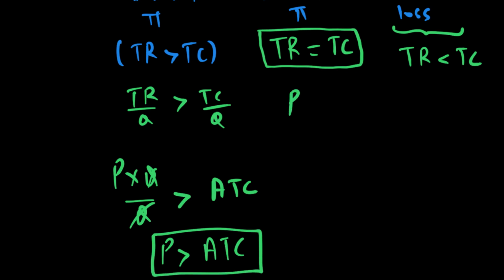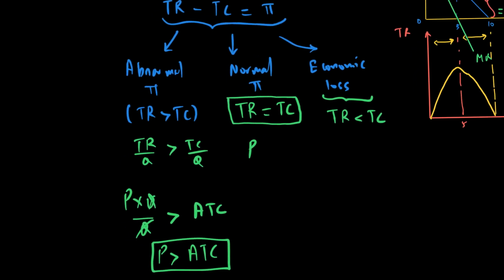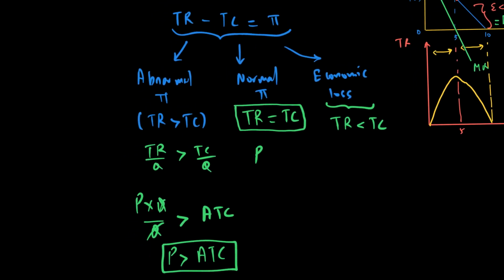Price equal to ATC is when we make a normal profit, and price less than ATC is what we call an economic loss. So we'll see how all three situations of profit can arise, both in the case of price taking firms and price setting firms in our example.